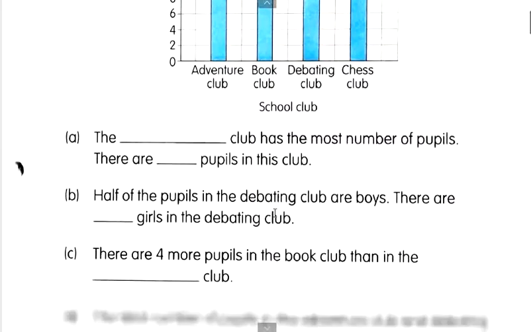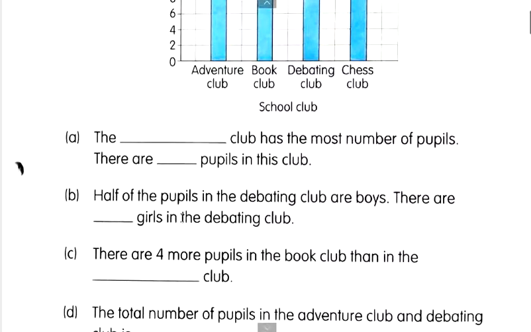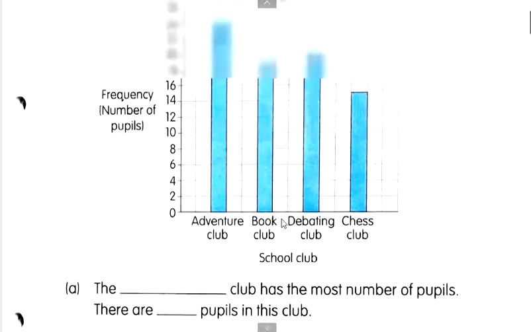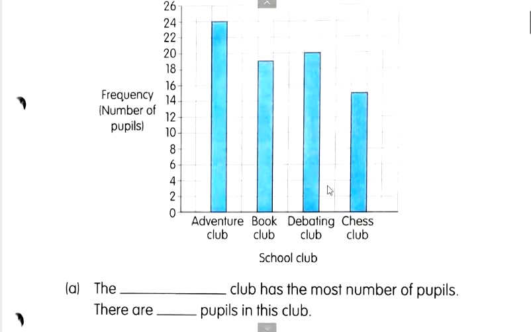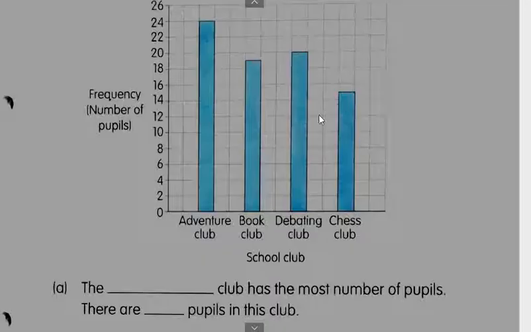Now question B, half of the pupils in the debating club are boys. How many girls are there in the debating club? So let's take a look at the debating club and what number it represents. Look at the edge. It is 20, right?